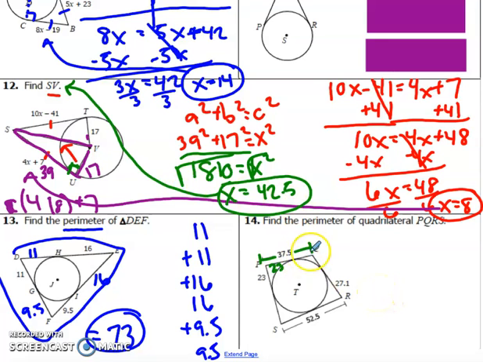Now, to figure out these remaining pieces, you're going to have to use the knowledge that the entire thing is 37.5, and if you subtract 23, that'll give you your 2 remaining pieces over here. So 37.5 take away 23 will give you this party hat over here, which ends up being 14.5. So both of these sides are 14.5.